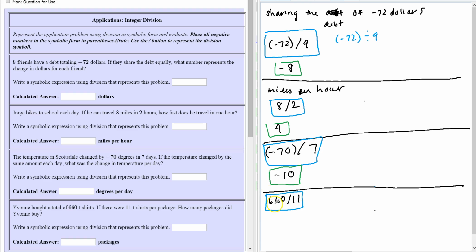If we divide 660 by 11, these aren't too hard to do by hand. 11 goes into 66 6 times. And then 11 goes into 0 times, and we have 60 as our result. So that means Yvonne bought 60 packages.